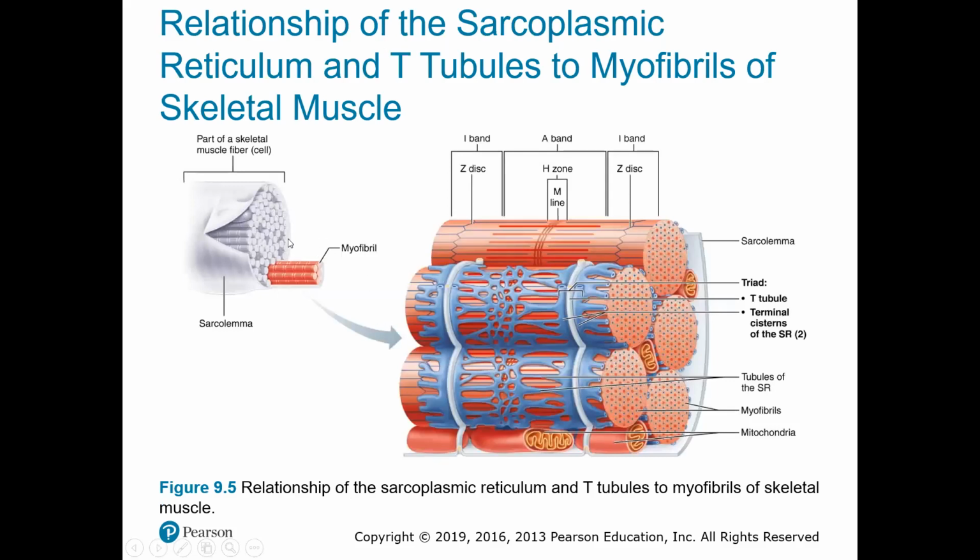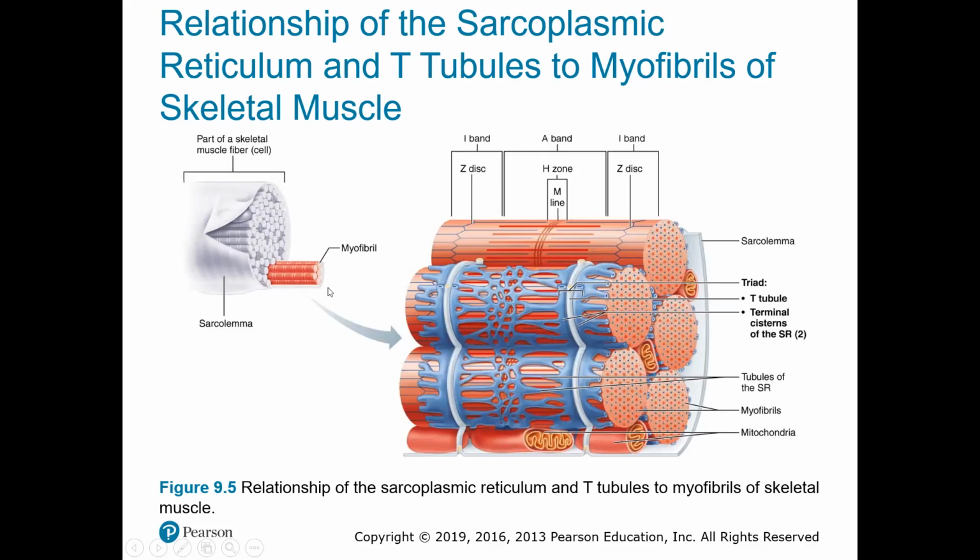This is a cell, and each one of these red things here are myofibrils. The blue structures are the sarcoplasmic reticulum that surround every myofibril. These enlargements here on either side of this white line are the terminal cisterns. The white lines are the T tubules.